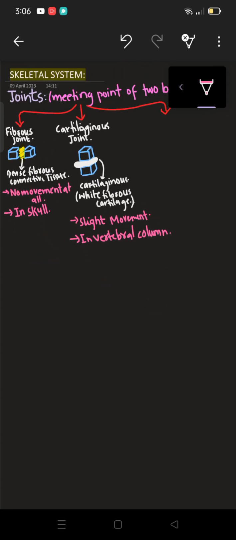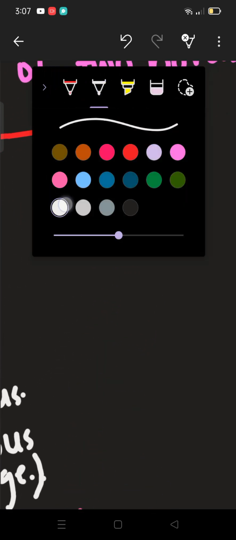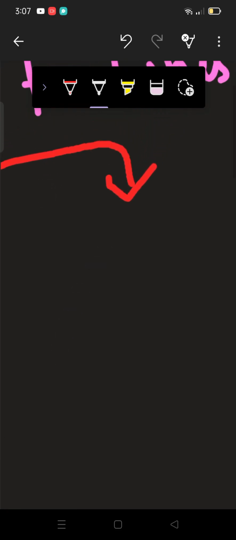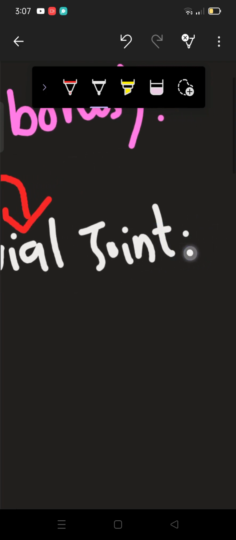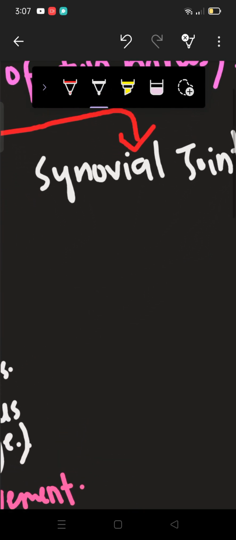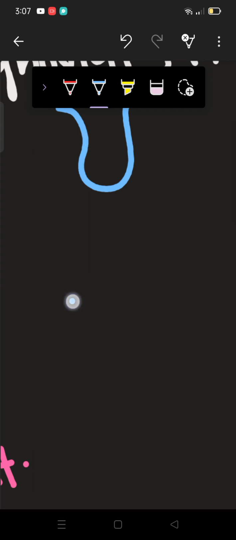Now we are going towards our third one, which is the synovial joint. Let me write the type first: synovial joint. Now I'm going to make the diagram of the synovial joint. Here I have a bone, here I have another bone.